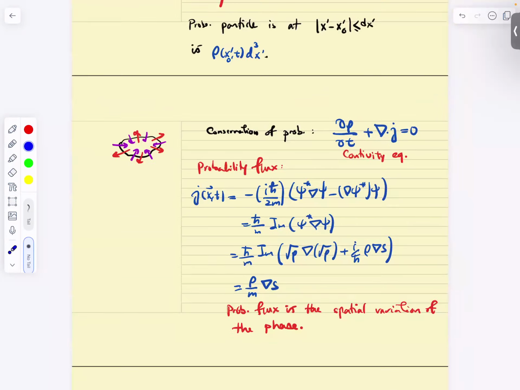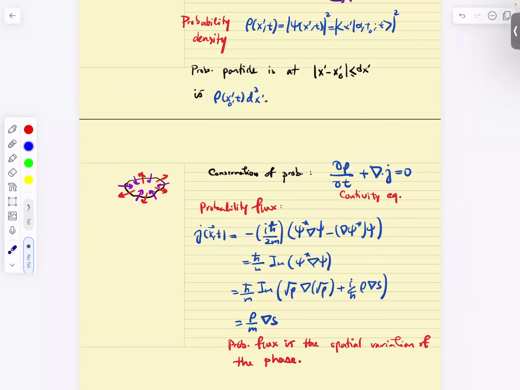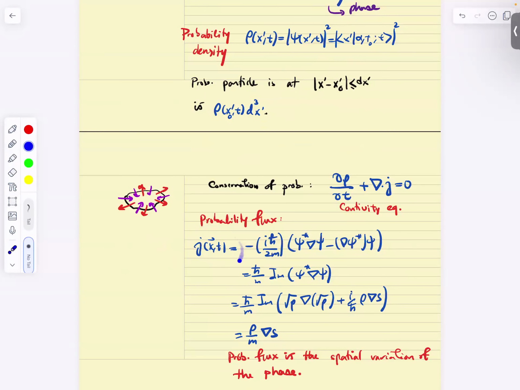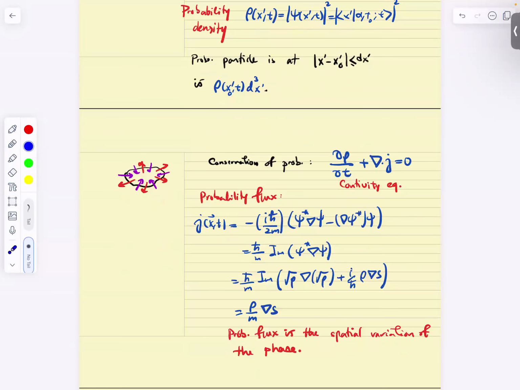Now, importantly, when we did this assignment of variables, separating the absolute value and the phase of the wave function and plugging it in, you find that the probability flux is nothing but rho over m times the spatial gradient of the phase.